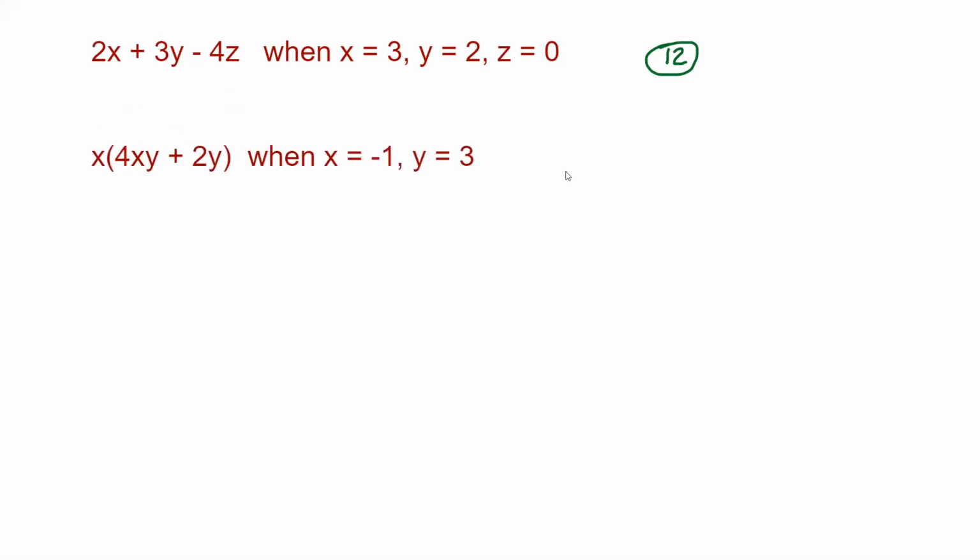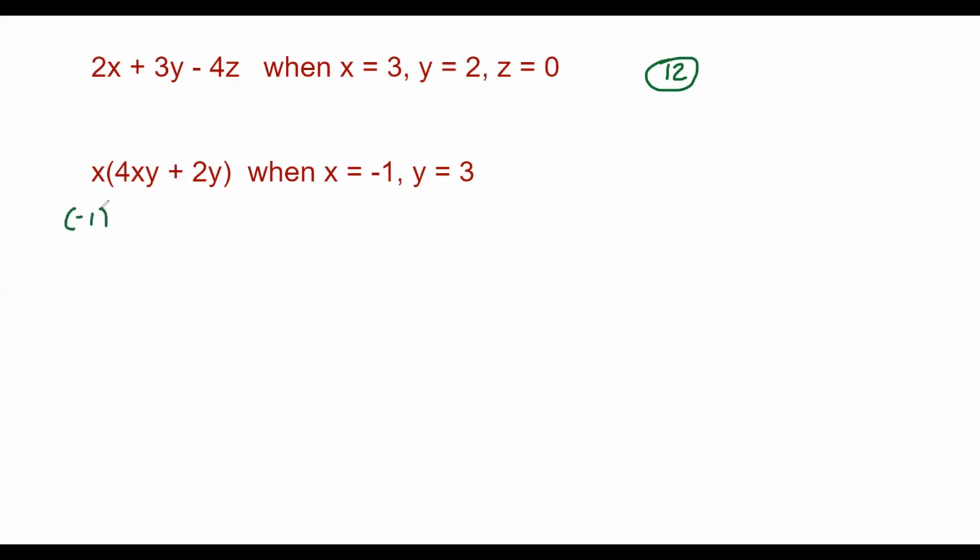X times, in parentheses, 4xy plus 2y when x is -1 and y is 3. So once again, I am going to rewrite this by doing the substitution. X becomes -1. I put that in a parenthesis. We've got another x here.